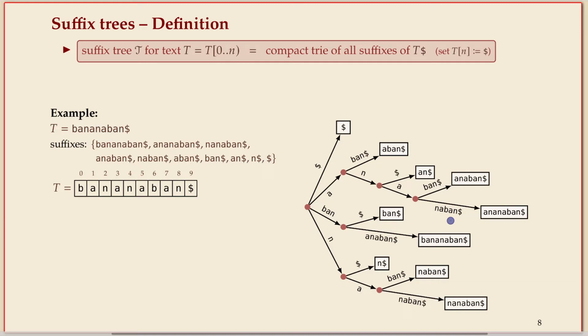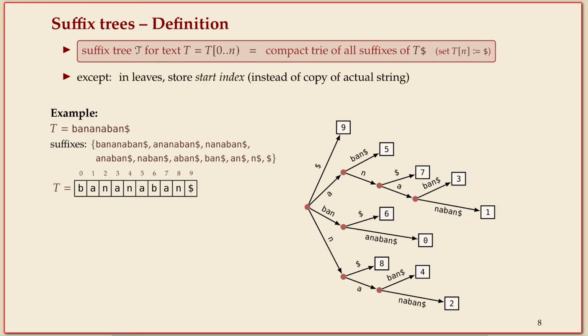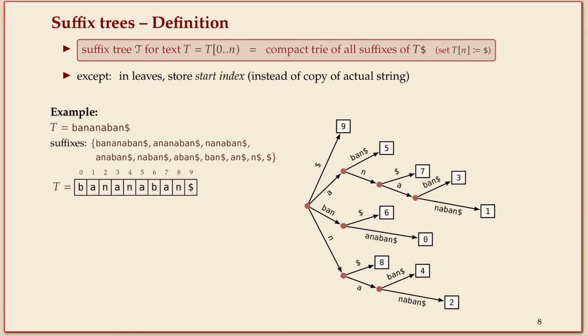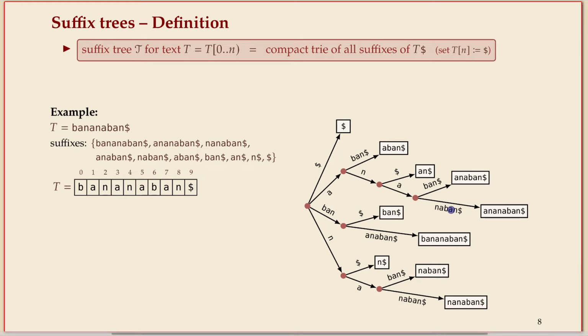But we can conceptually write this by writing the full label on the edges. In the computer, it's stored like this. We have the offsets in the internal nodes and just the first label on each edge. That's the compact trie part, but it's convenient to write it like this for us to reason about.